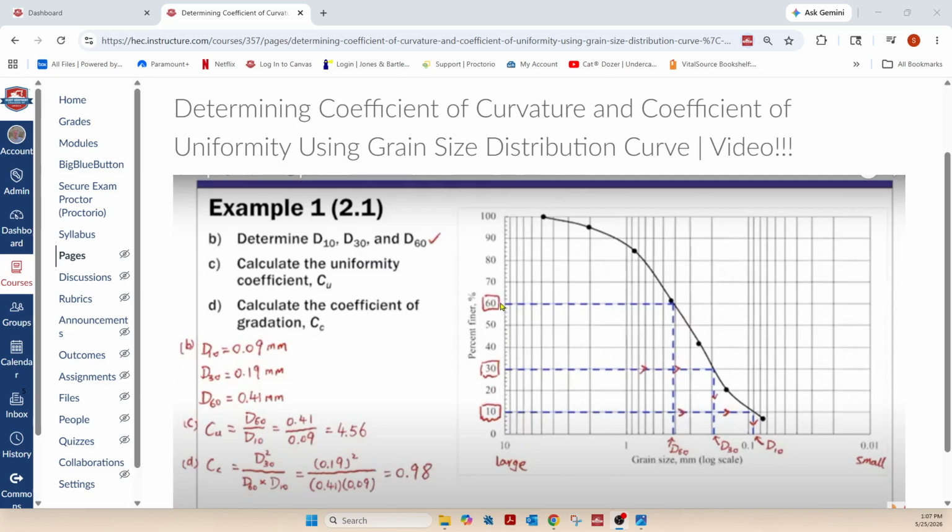You can't see over here on a regular log scale. We're going to be looking at particle sizes versus where they are in here on these lines. Now we're looking at particle sizes as it relates to the coefficient of uniformity and coefficient of curvature.